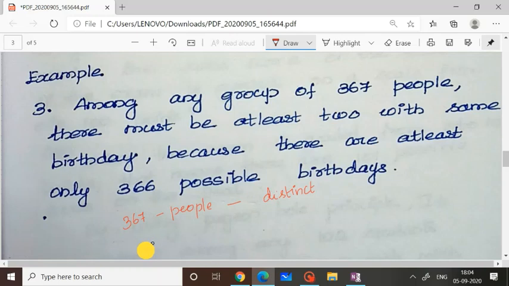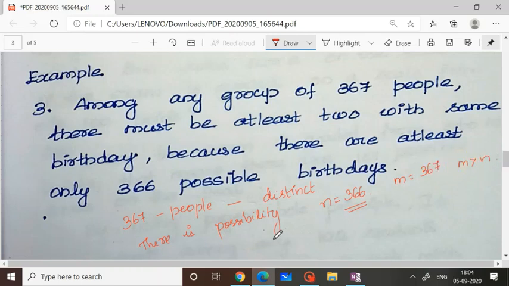So there is a possibility such that we can take n equal to 366 and m equal to 367. Here m is always greater than n.